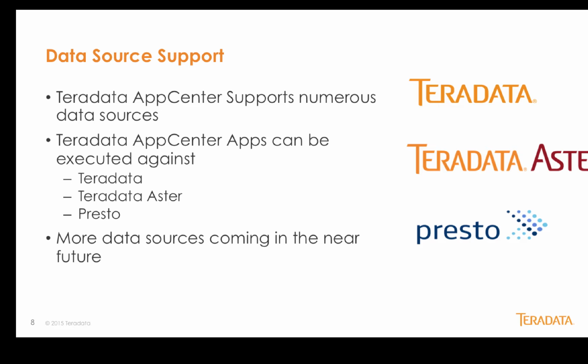And by leveraging Presto, that enables the application to query Presto, and then Presto can query any of the platforms that Presto can access, such as data that exists within the Hadoop environment, data that exists within Cassandra, or MySQL, or PostgreSQL, any of the platforms within the UDA that Presto can execute against. And we're planning on many other data sources coming in the near future that the apps can directly access and query and execute against.